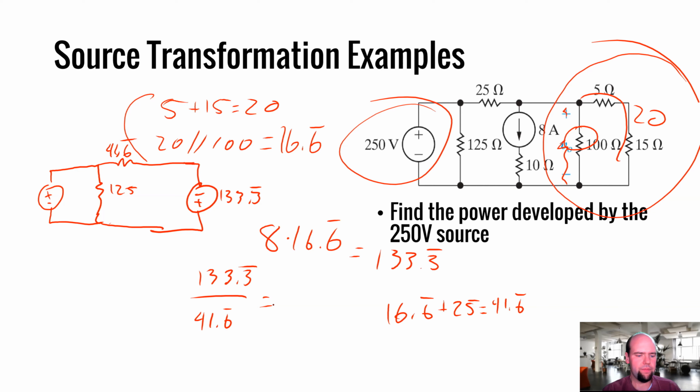That's going to equal 3.2. So 3.2 amps in parallel with a 41.6. But again, it's got to be pointed down.